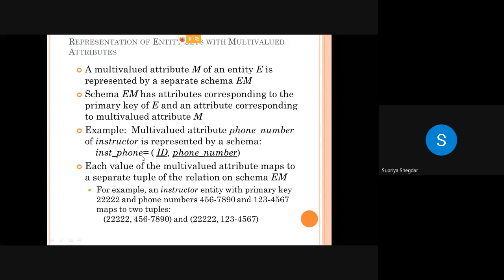But if we have not created this new schema, then we can add only one phone number of the instructor, because we can store only one value in the database while creating it. But if we have created a new schema or new table for the multi-valued attribute, then we can add all the values of that attribute into that new table.